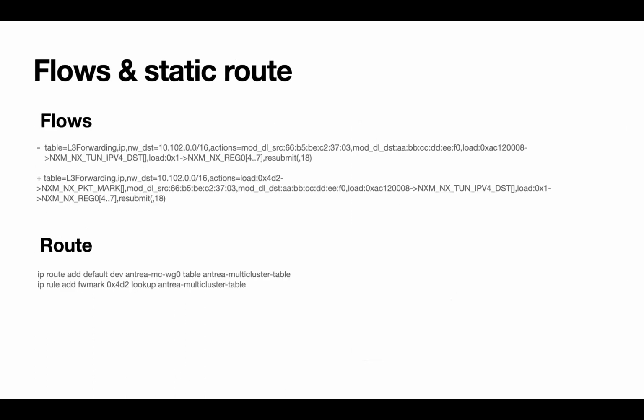This one is about the flows and the static route. The wildcard is a layer 3 technology. If we want to use this technology with OVS, we need the help of the host network. So firstly, we need to add rules for the host network.